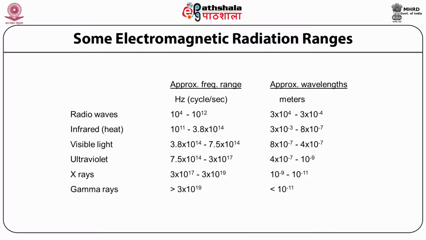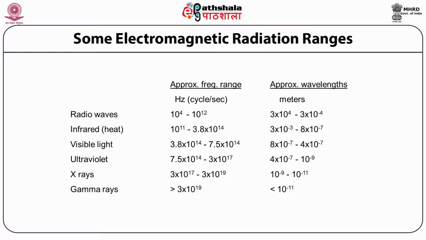We discuss the different ranges of electromagnetic radiation. Light contains different types of electromagnetic radiation, having different wavelengths and different frequencies. Generally, radio waves have a frequency of 10 to the power 4 to 10 to the power 12 hertz, and a wavelength ranging from 3 into 10 to the power 4 to 3 into 10 to the power minus 4 meter.